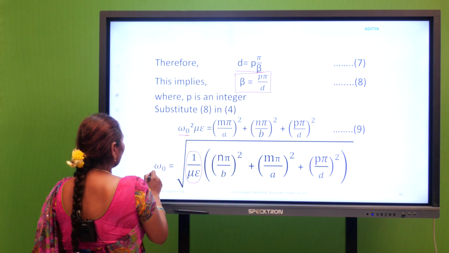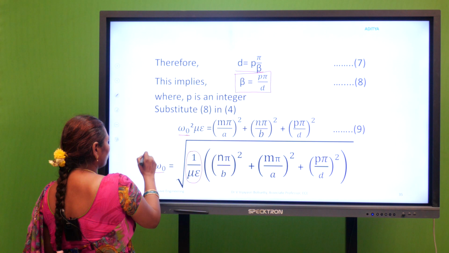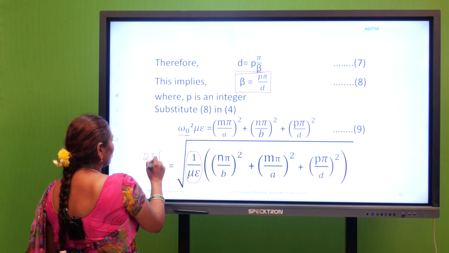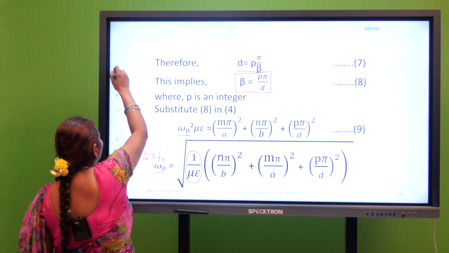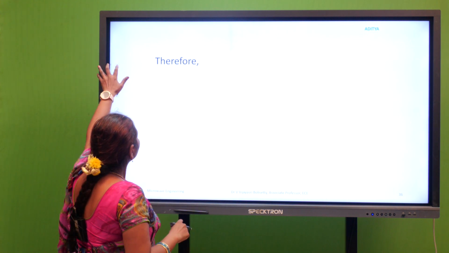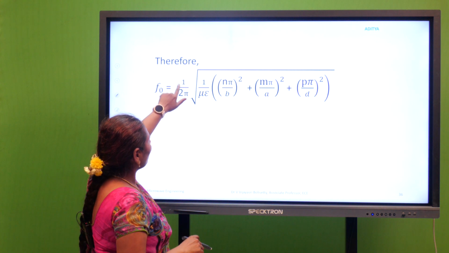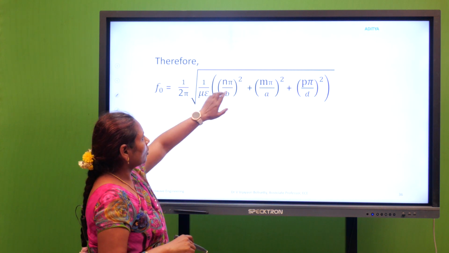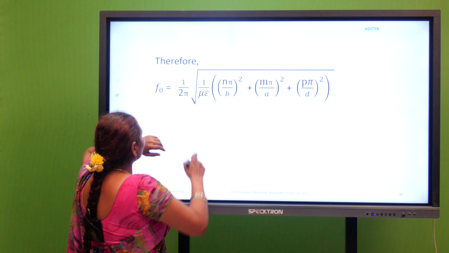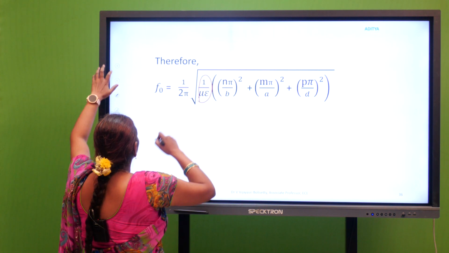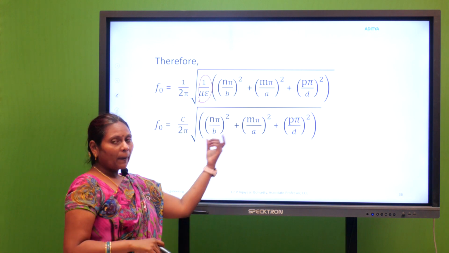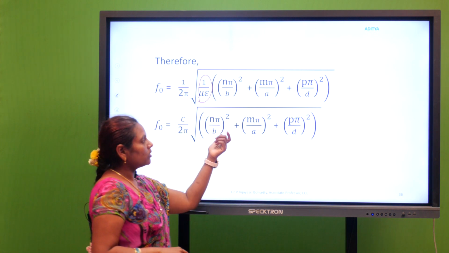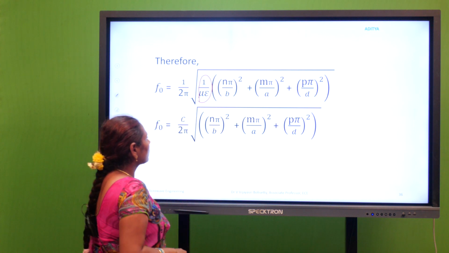Omega naught is also equal to 2 pi f naught. So from this we can obtain f naught by taking this 2 pi to the other side. We get f naught is equal to 1 by 2 pi times root of this function, and root 1 by mu epsilon is c. So we get c by 2 pi root of m pi by a whole square plus n pi by b whole square plus p pi by d whole square.